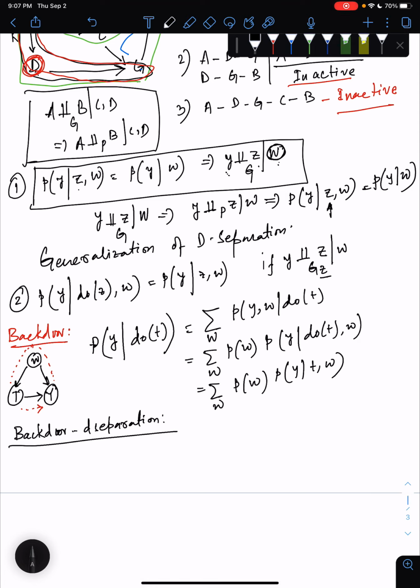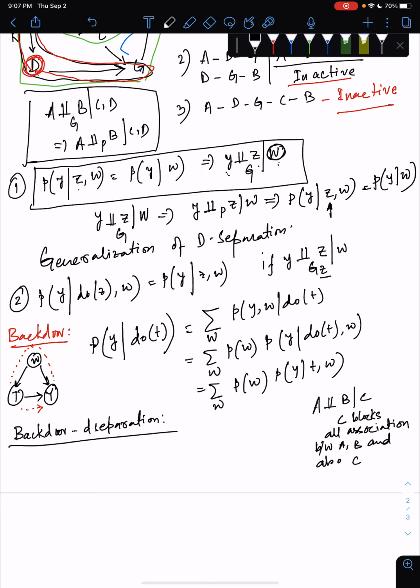When I say that A is d-separated from B given C, it means that C will block all association, or, as it is called in the causal inference literature, all spurious association, between A and B, and also the causal association.